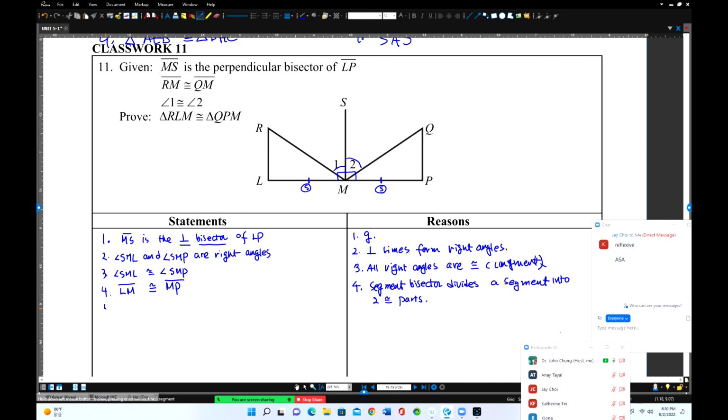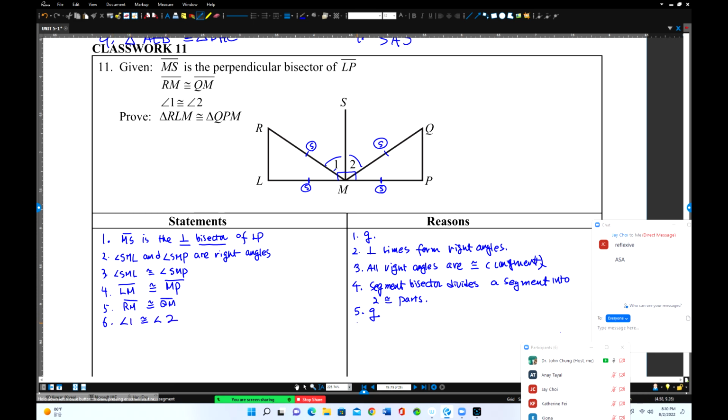The next given is what? RM. These two sides are equal to another side, so RM is congruent to QM. This is a given. Now angle 1 congruent to angle 2.